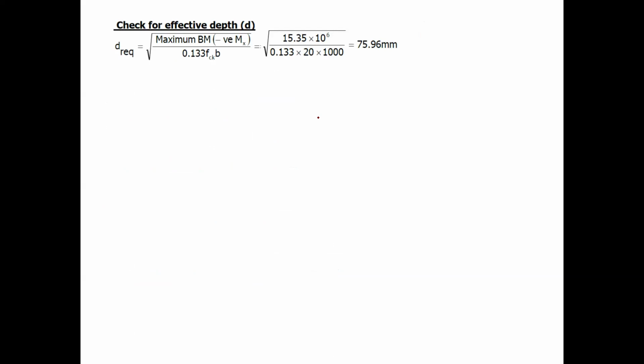Any doubt? No, sir. So this is greater than the thickness, right? It is not 130, it is 120. The depth is taken as 120, correct? Yes, sir. Hence, take down, hence safe.